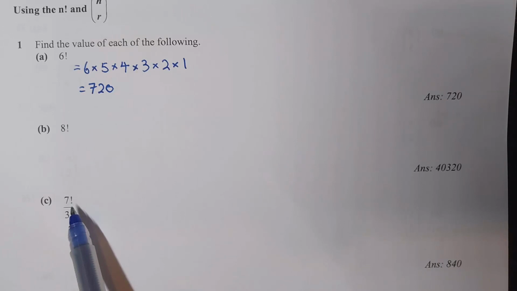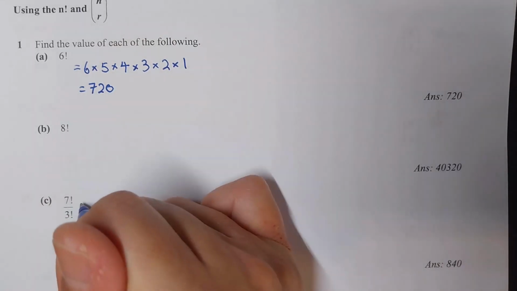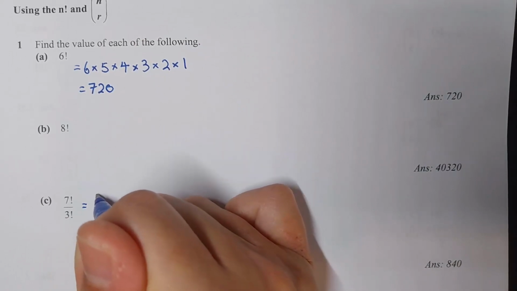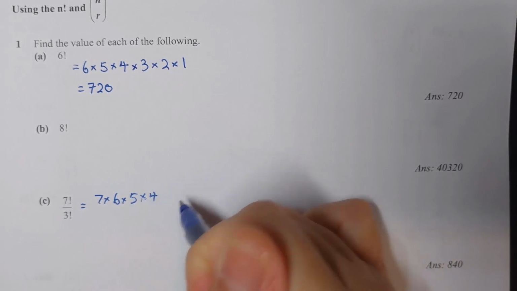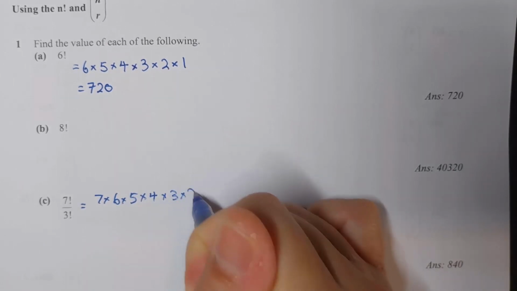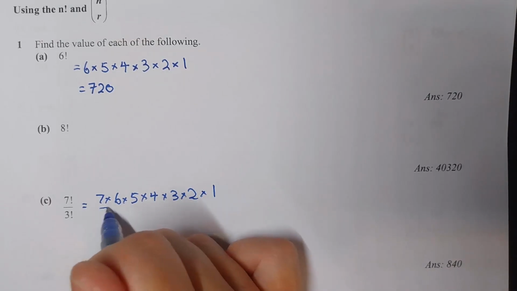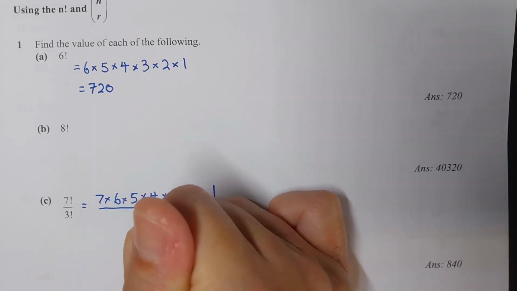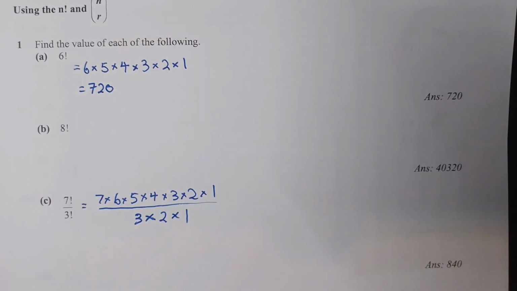How about 7 factorial over 3 factorial? What will we get? Now 7 factorial is equal to 7 times 6 times 5 all the way until you reach 1. And 3 factorial will be equal to 3 times 2 times 1.